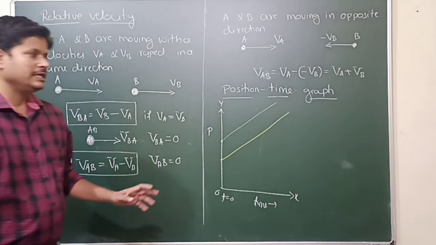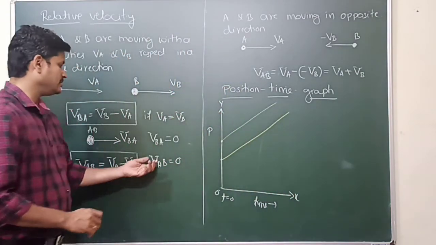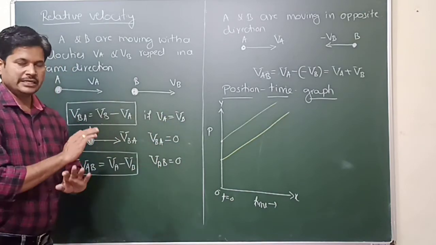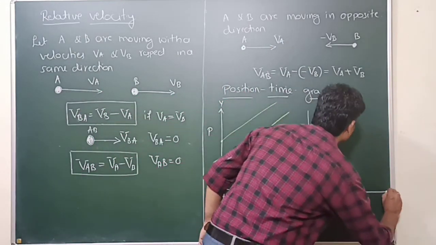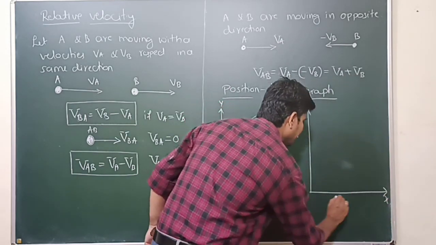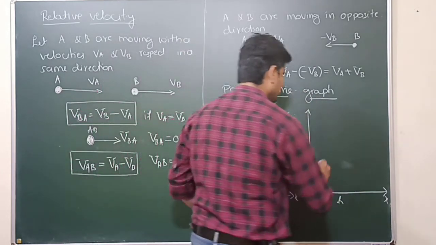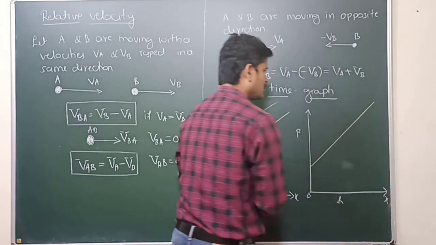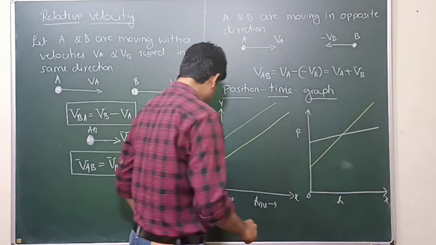Correct. If their relative velocity is different, if VA is not equal to VB, or VAB or VBA is not equal to 0, then the position-time graph should be like this: this is position x, this is the time, and this is the origin. Then the first line is like this, and the second one is like this.